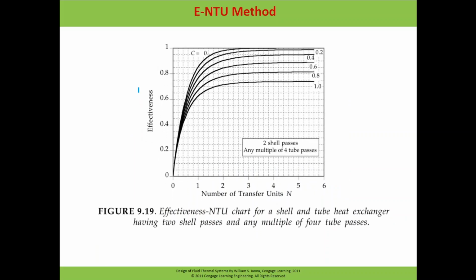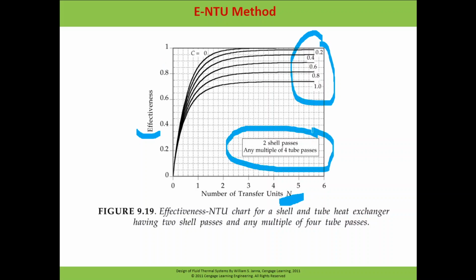We have another chart, and this chart is again for effectiveness. When you know your value of C, these are the values of C, and this is the number of transfer units N. Based on C and N, you can choose the combination and find your effectiveness. But remember here that this is applicable for 2 shell type of shell and tube heat exchanger.